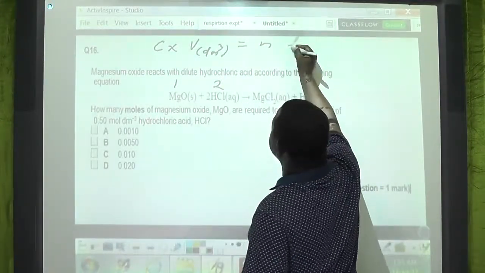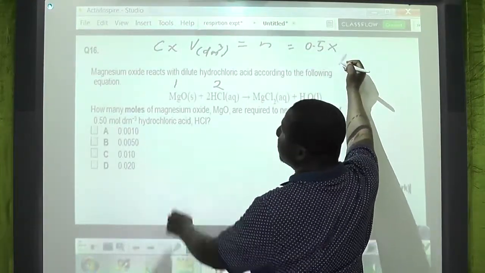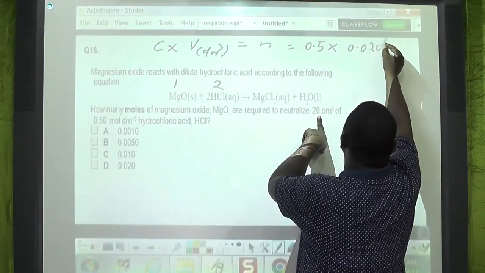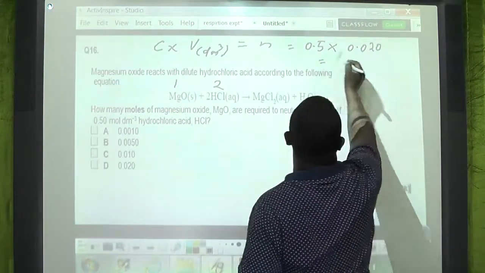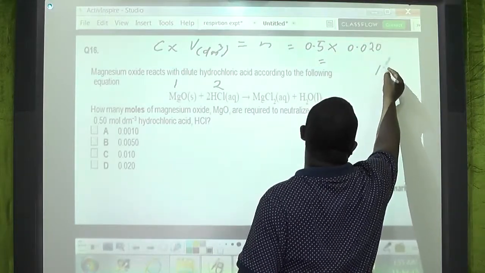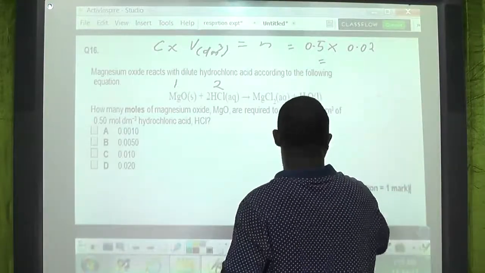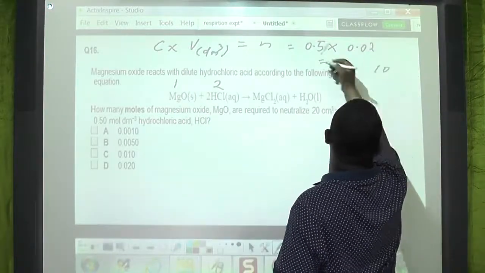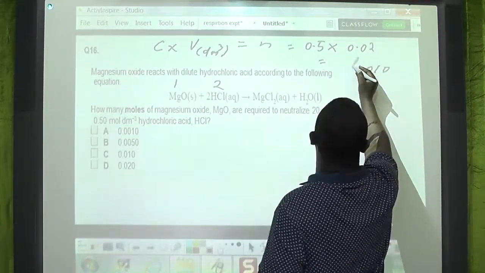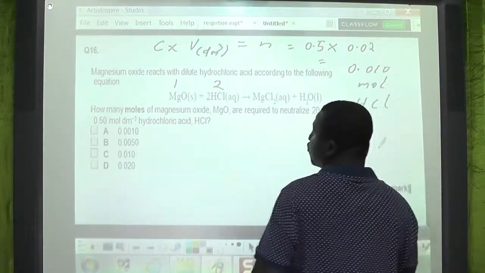So my concentration of HCl is 0.5 multiplied by the volume, which is 20, that is 0.02. So I have 0.01 mole of HCl.